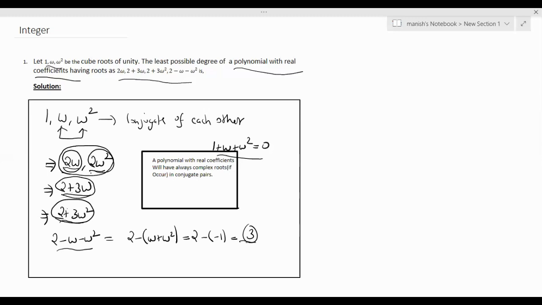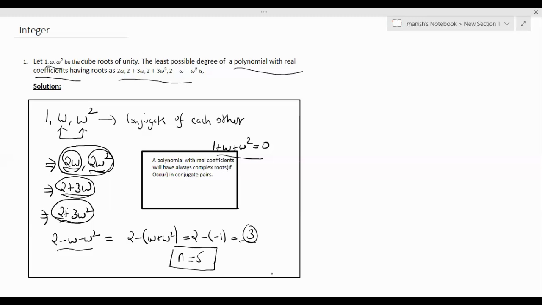So it will have at least 5 distinct roots. So the degree of the polynomial should be at least 5. Mind it, it can have any degree greater than 5, because we know that roots can occur in a repeated way. So it should have at least 5 distinct roots. Hence the degree of the polynomial will be n equals 5.